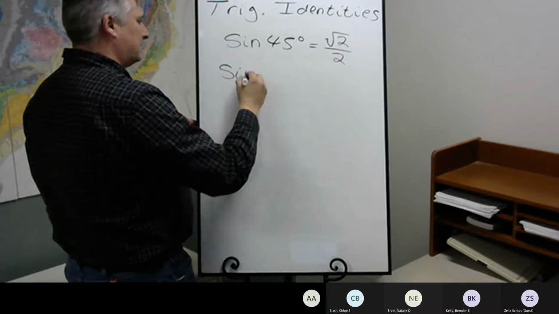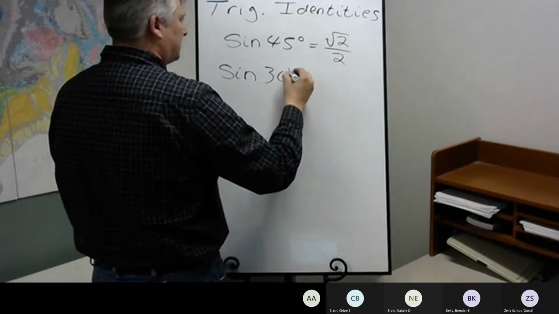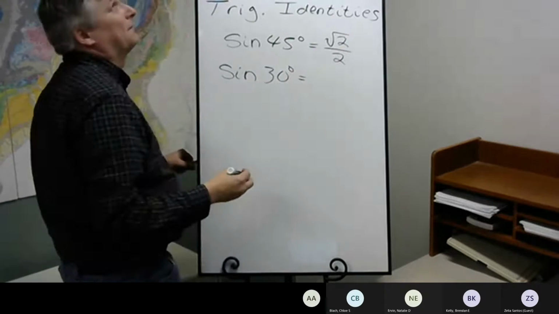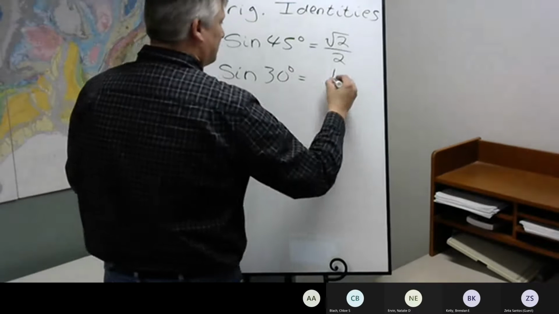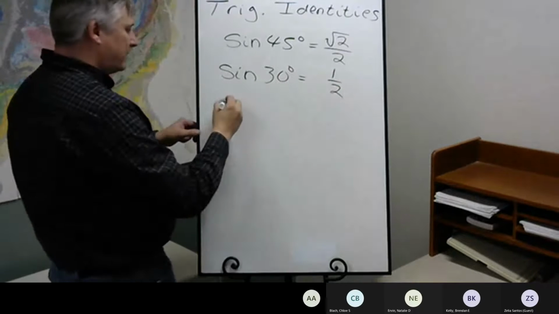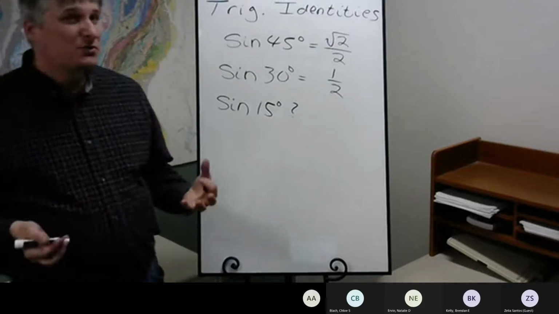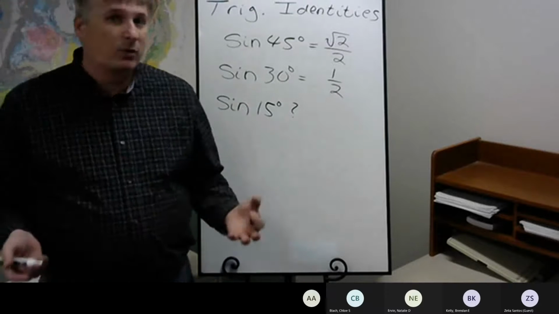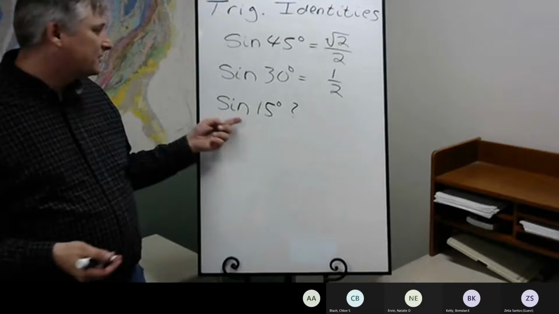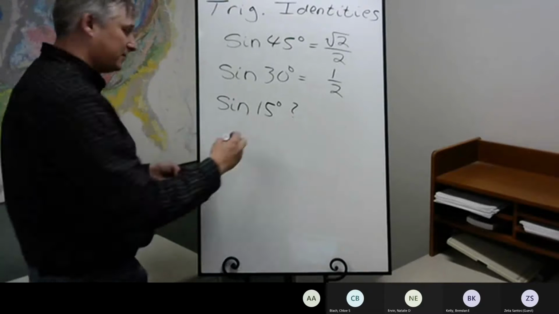And then the sine of 30 degrees is, let's see, 1/2. So what about the sine of 15 degrees? So we can use a trig identity. We're going to look at one approach of doing this that lets us find the sine of 15 degrees.